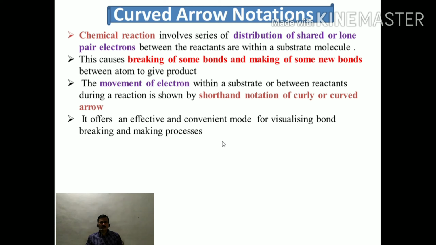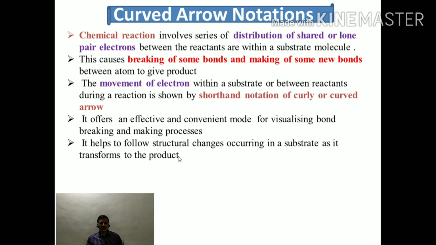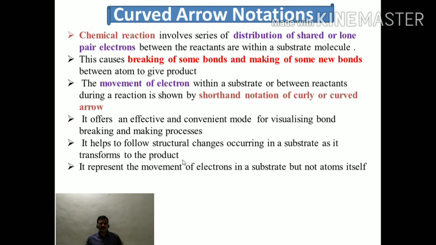It helps also for changes in the structural skeleton which occur in the substrate as it is getting transformed into the products. It simply represents movement of electrons in the substrate but not in the atom itself.